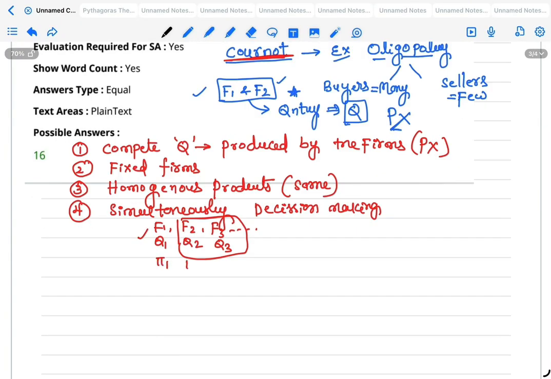F1, F2, F3 have the profits pi 1, pi 2, pi 3. But the profit of firm 1 depends not just on its own output. It also depends on Q2 and Q3. Do you understand?